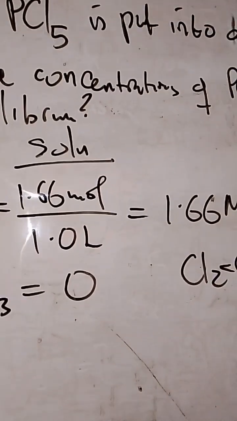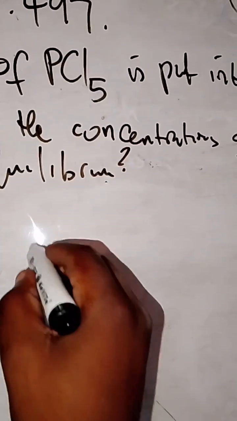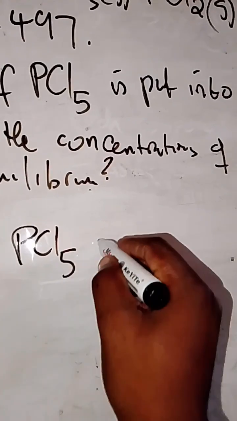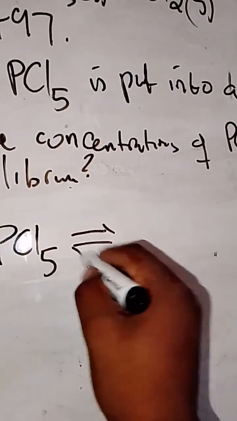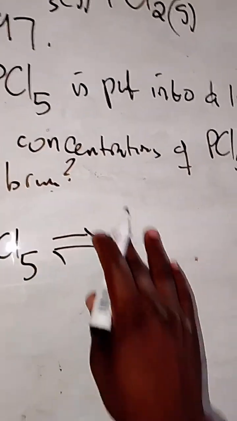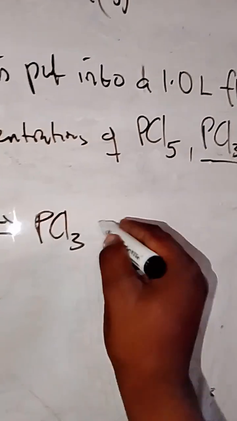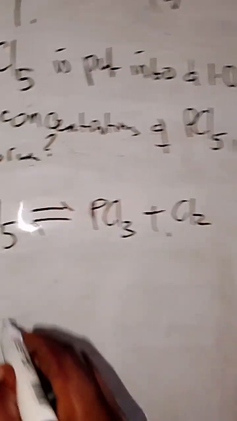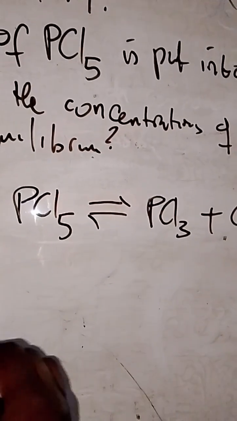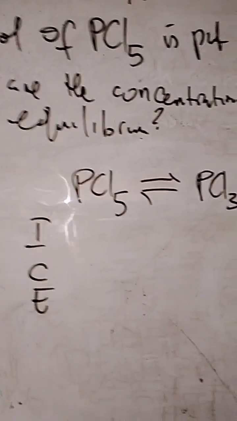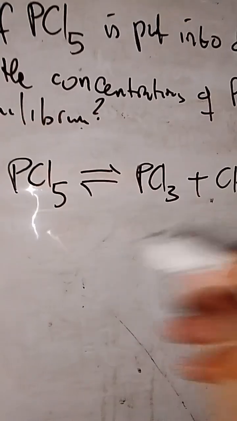So now we draw the ICE table: PCl5, PCl3, Cl2.